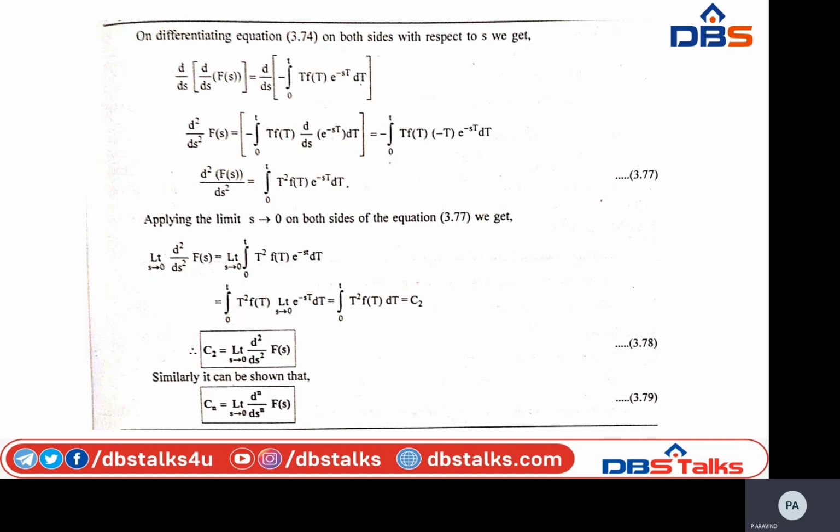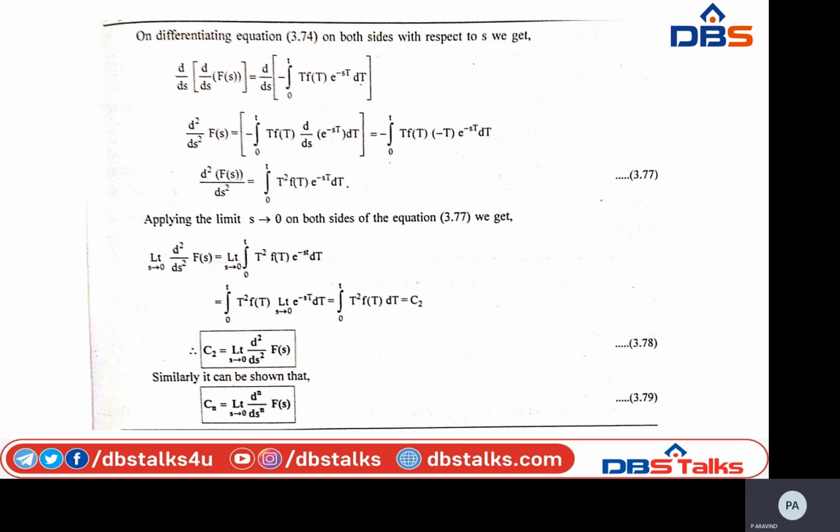So that's why we generalize the error coefficient concept, which gives the steady state error as a function of time as well. It also gives the steady state error for any type of input. That is the main advantage of this generalized error coefficient. The corresponding coefficients are C0, C1, C2, and so on. All these coefficients are called generalized error coefficients or dynamic error coefficients.